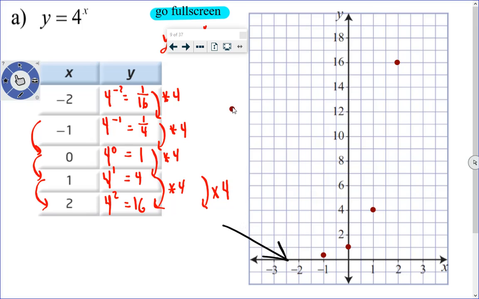Another 1, it would be at 1/64th. Another 1, it would be at 1/256th. I hope you appreciate no matter how far I go to the left, this graph never reaches the x-axis. And for that reason, there is an asymptote there.